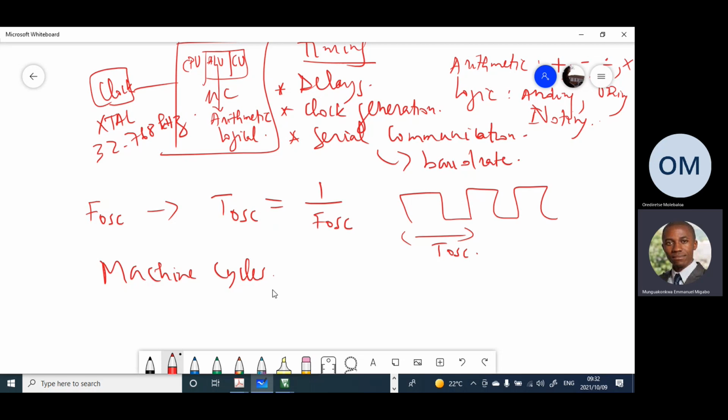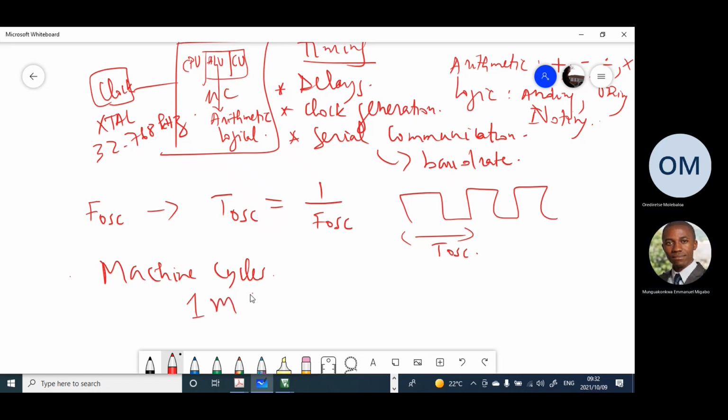We quantify the duration of the execution of an instruction on a computer system by means of what we call machine cycles. Now, for every computer system hardware designed, there is always a fixed relationship between the machine cycle and the number of clock periods it takes to execute.